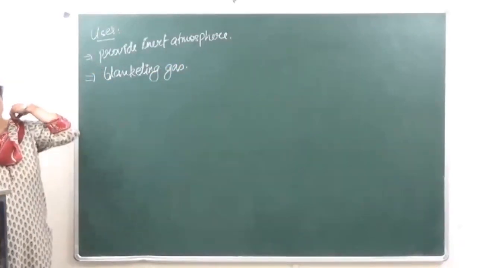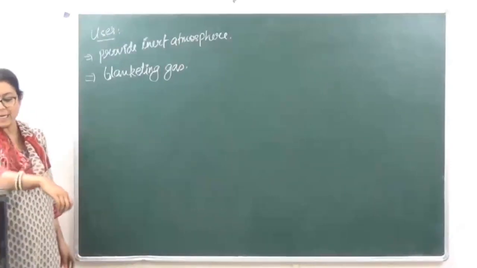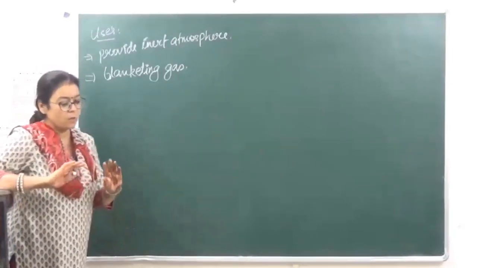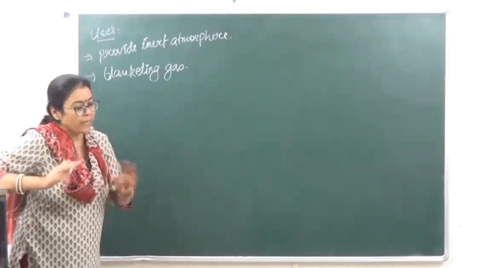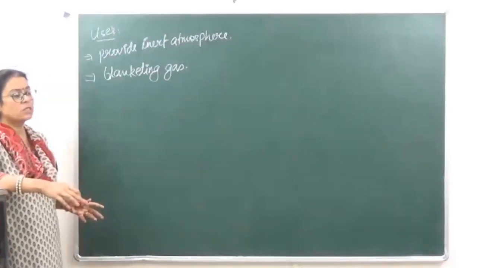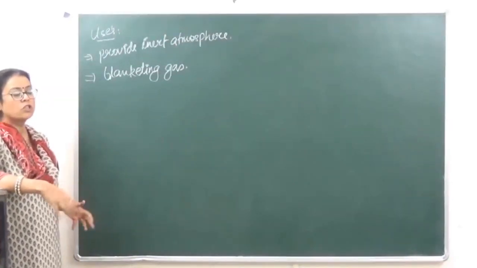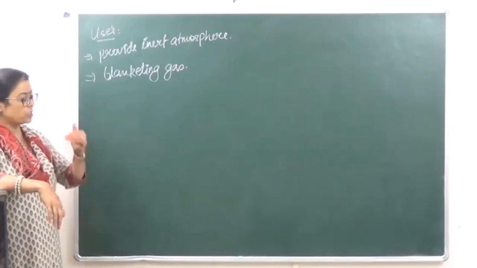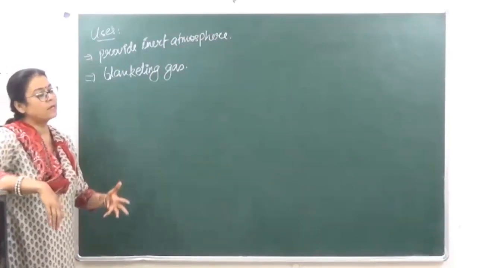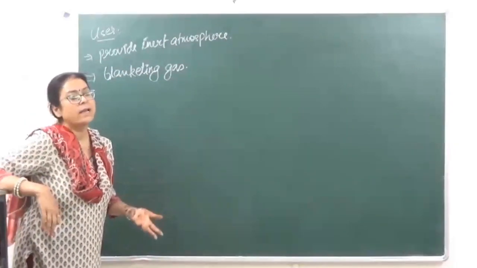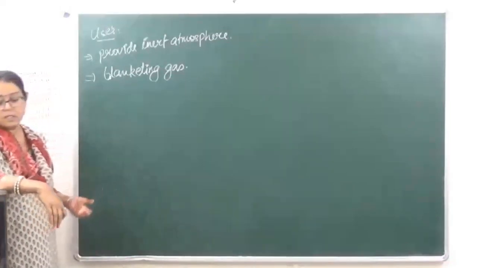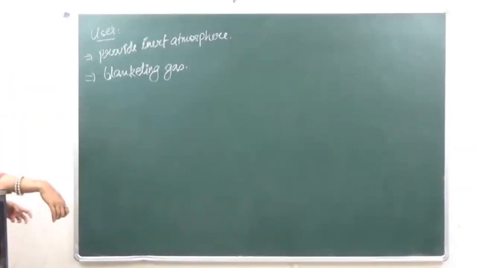Now, what do we understand by a blanketing gas? It is whenever we want to protect any substance from the action of oxygen on that substance. So we just cover that particular substance with nitrogen gas. So that is why it is used as a blanketing gas.